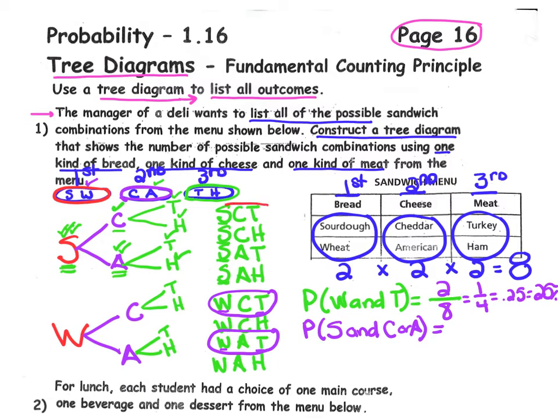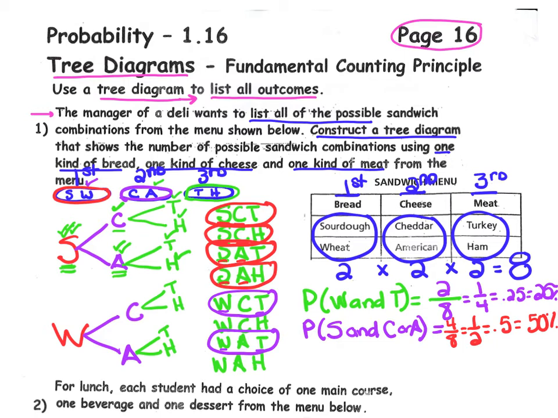For example, circle, this has sourdough cheddar, and so does this sandwich. This sandwich has sourdough American, and so does this sandwich. The probability of selecting sourdough with either of those 2 cheeses would be a 4 out of 8 chance, which is 1/2, as a decimal 0.5, and as a percent you'd have a 50% chance.